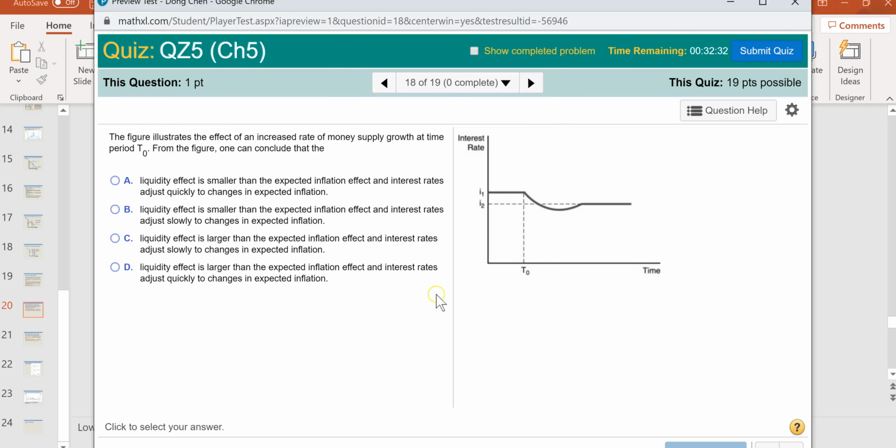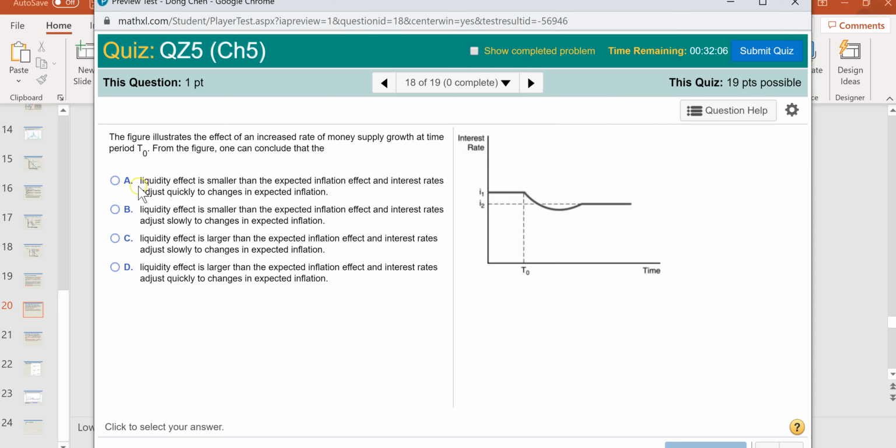So going back to the question, we can see that the interest rate gradually decreases to the lower level. There's no period in which the interest rate is increasing, which suggests that the expected inflation rate tends to react very slowly. So we just look for the answer which manifests that discussion.